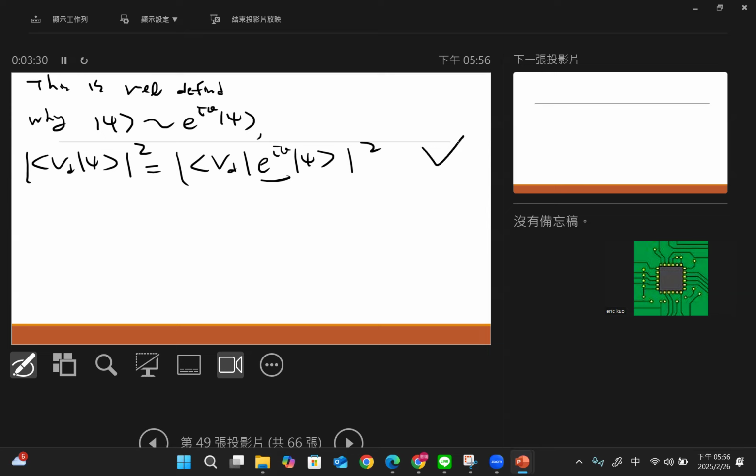So this is well defined. In mathematics, when you write different axioms, you need to make sure there's no contradiction.